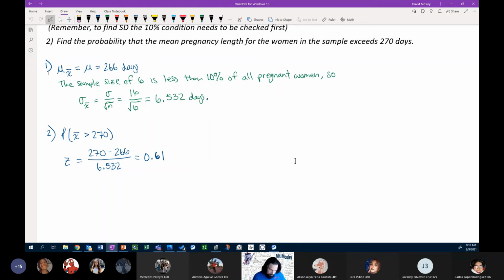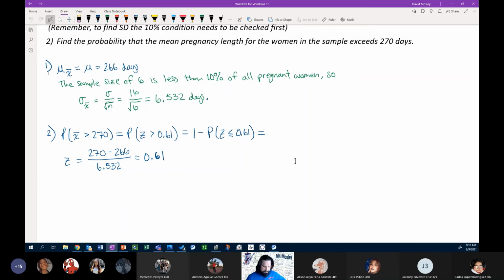Right? So then that means that this is equal to the probability of Z being greater than 0.61, which remember, table A only gives us less than or equal to values, so we use the complement rule. That is equal to 1 minus the probability of Z being less than or equal to 0.61.